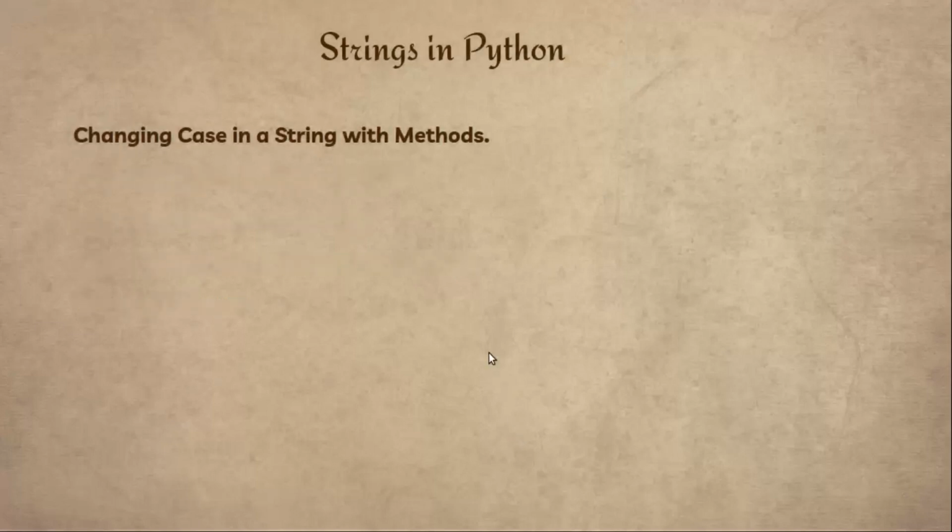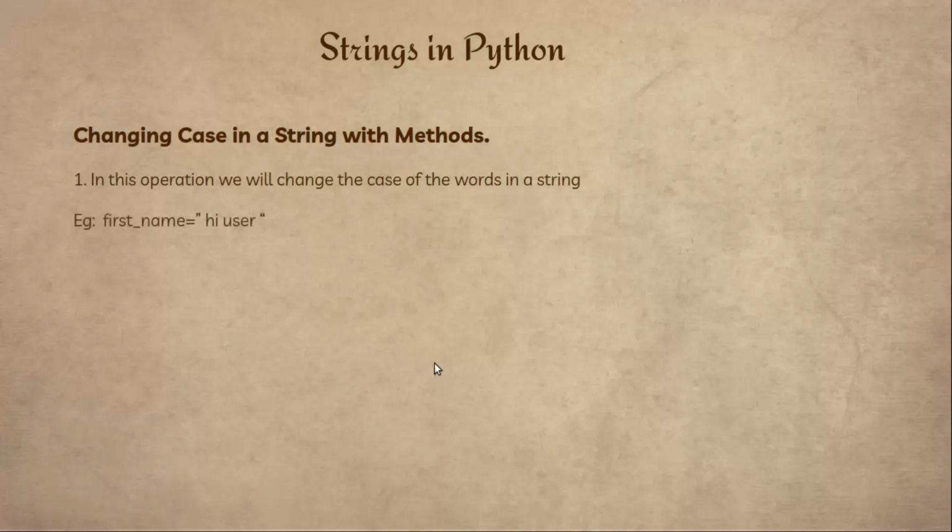The first is changing case in a string with methods. In this operation we will change the case of the words in a string. As I have told you, if it is in uppercase we will change it to lowercase, and vice versa. Let's see an example. Here it shows the name is "hi user", and we are printing name.title().